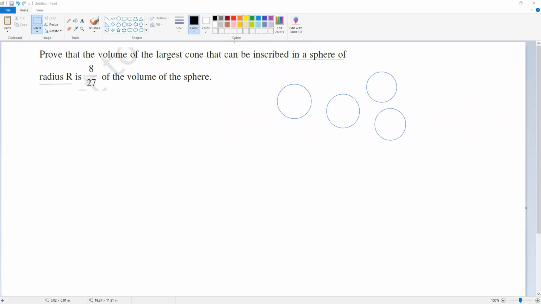So now we can inscribe cones in this, different cones. You can see that we can inscribe cones like this.